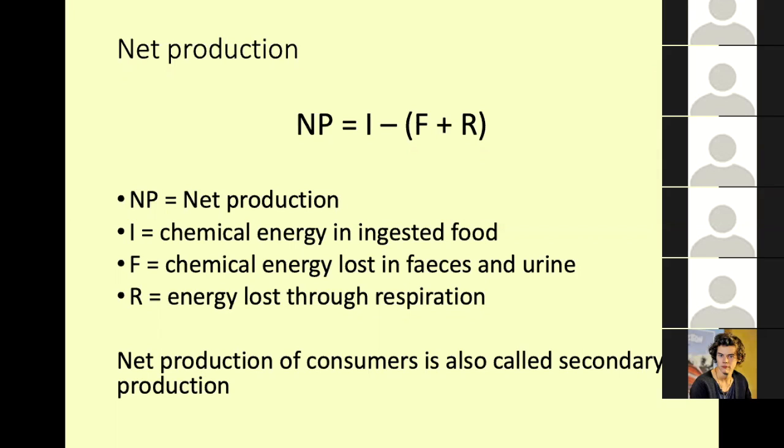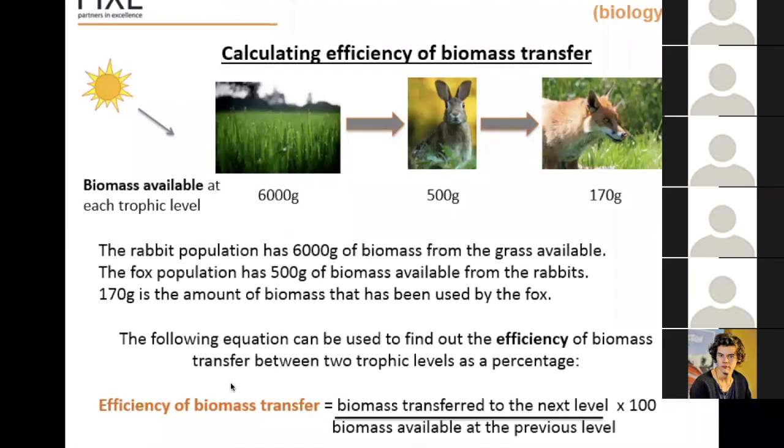We're going to call that waste CO2 exiting the plant a respiratory loss as well. And this is also called secondary production. Again, the maths there is not necessarily too complicated.